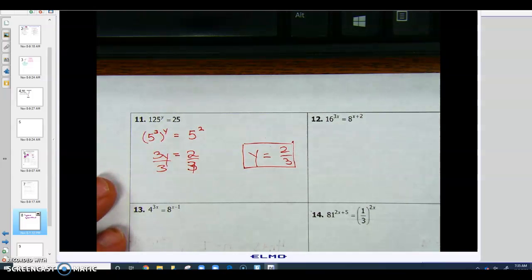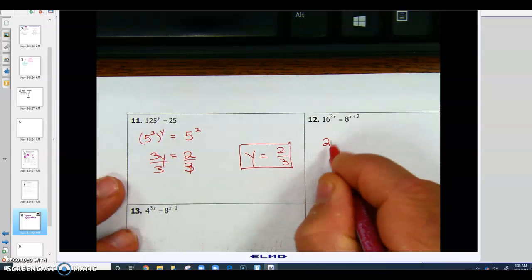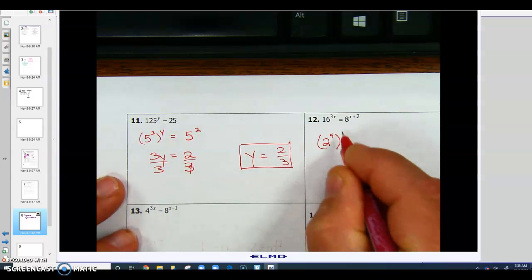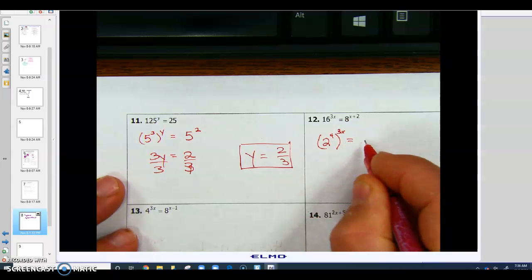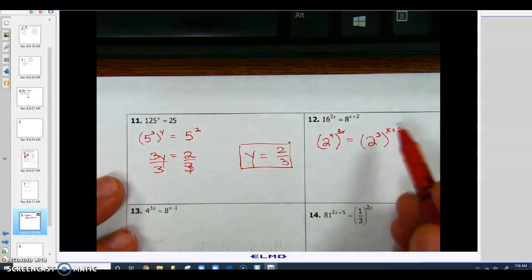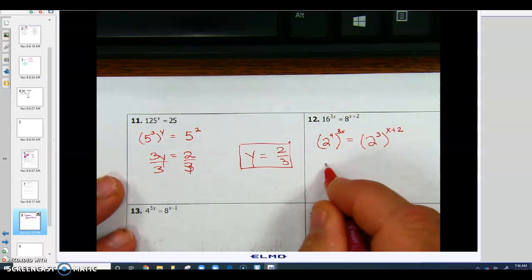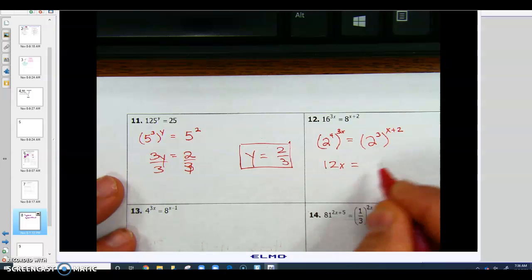Okay. Oh no, it's a fraction. This is 2 to the 4th to the power of 3x, and this is 2 to the 3rd to the power of x plus 2. Now remember, I need to multiply these exponents when I have double exponents. I'm going to drop the base at the same time. 12x equals 3x plus 6.